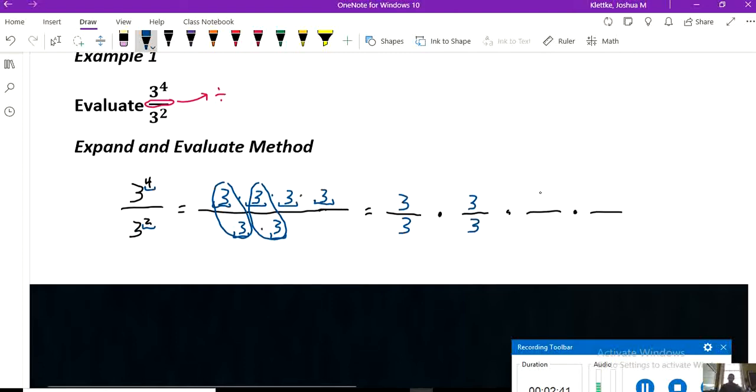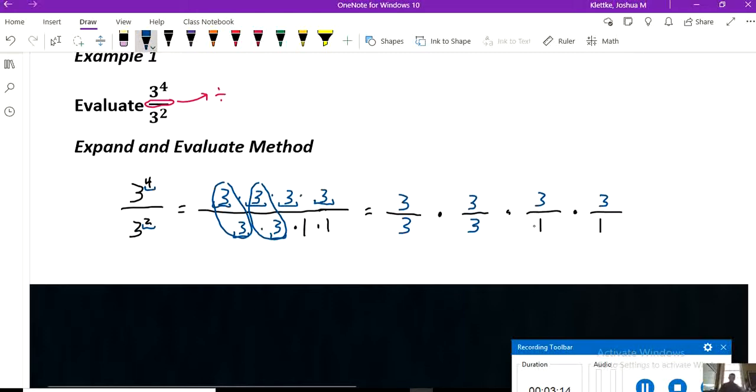And now the tricky part is that I have 3 over apparently nothing. But remember, we can always put an invisible 1. So I can actually put a 1 there and another invisible 1, because multiplying 3 times 3 is equal to 9. 9 times 1 is still 9. 9 times 1 again is still 9. So we're not changing the value, but these 1s are going to help us.